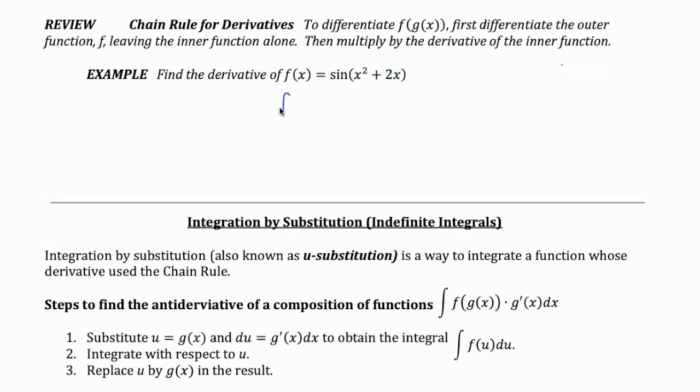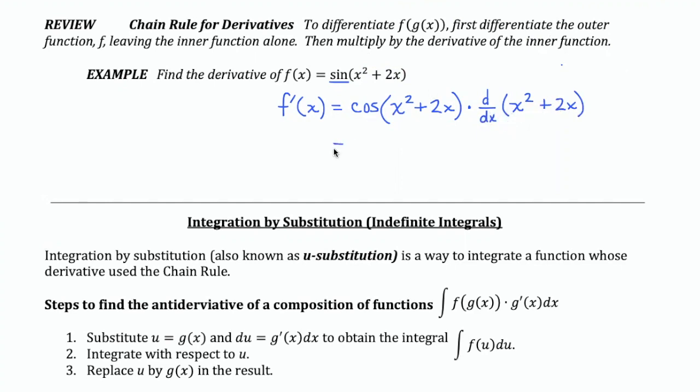In order to take the derivative, the chain rule, I wrote it out in words here. It says first differentiate the outer function. So outside the parentheses, we have sine. The derivative of sine is cosine. Leave the inner function alone. Then multiply by the derivative of the inner function. Most often students won't take the step of writing, I'm going to take the derivative of this.